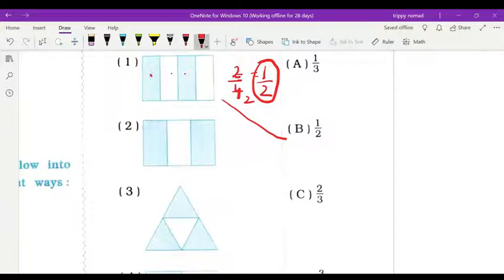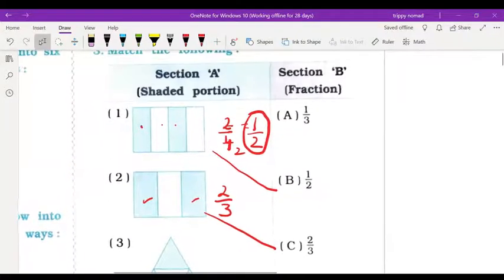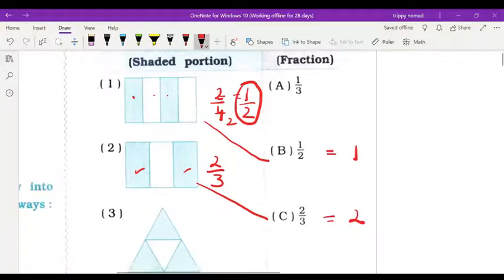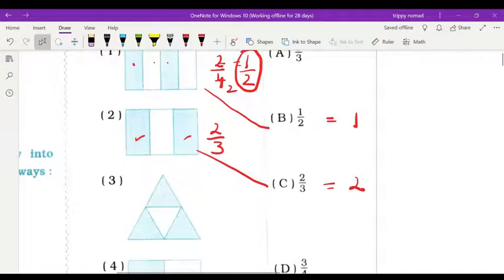And this one, out of 3 parts, 2 parts are shaded, 2 by 3. Is 2 by 3 written anywhere? You find out, this is C. So you will match with C. Here you will write that this one, number 1, is going to match with number 2, like this you have to write. Then number 3: out of 1, 2, 3, 4 parts, 3 parts are shaded, 3 out of 4.